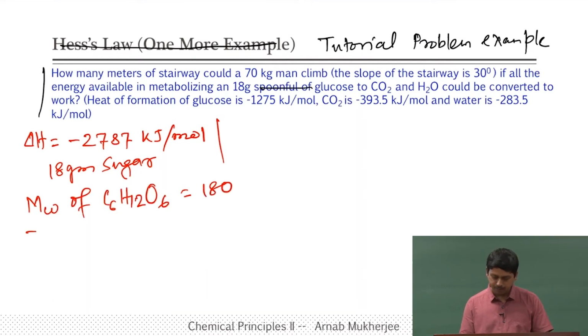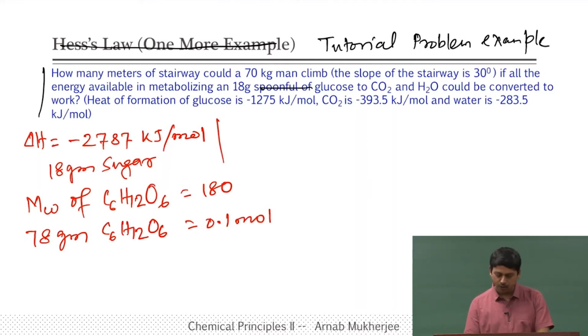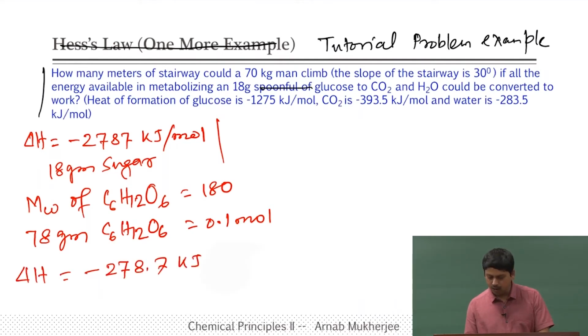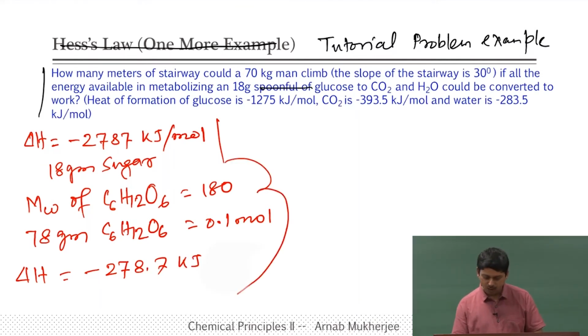So, therefore, 18 gram C6H12O6 is equal to 0.1 mole. So, therefore, the enthalpy change for 18 gram is 278.7 kJ per mole. So, this much energy is available to us because we only took 18 gram. Okay. 18 gram is just one spoonful.